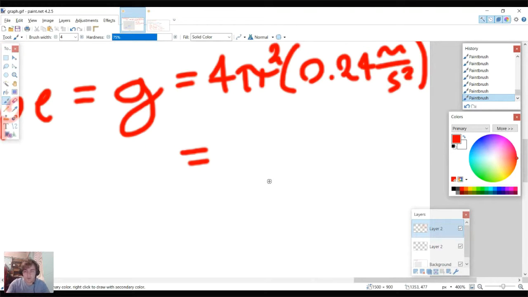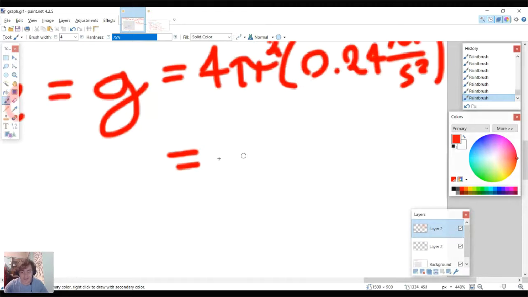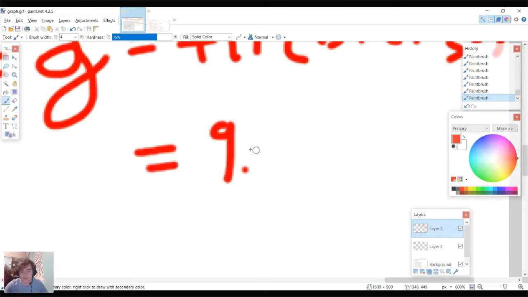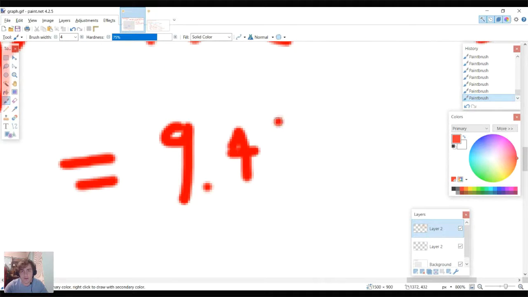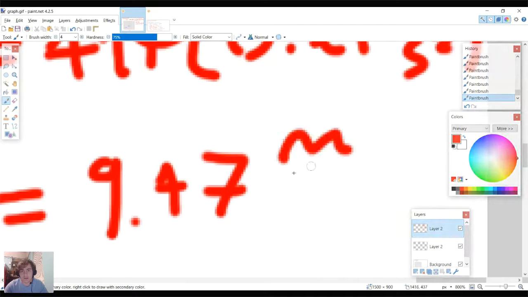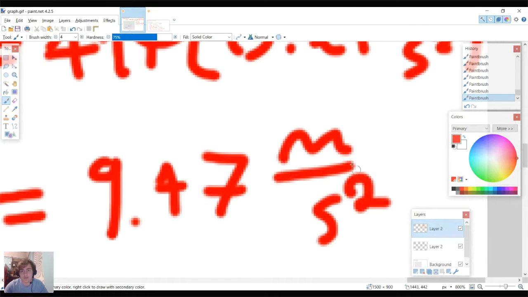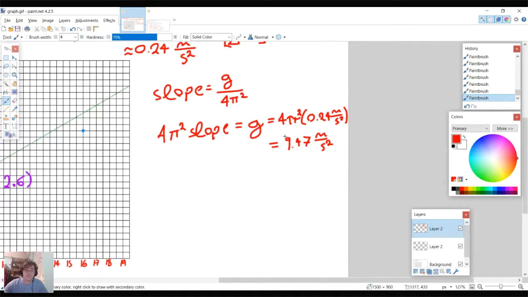let's see, we get approximately 3.14 times 3.14 times 4 times 0.24. Wow, we actually got a pretty close value for data that was fabricated. We got 9.47 meters per second squared, which is actually hilarious.